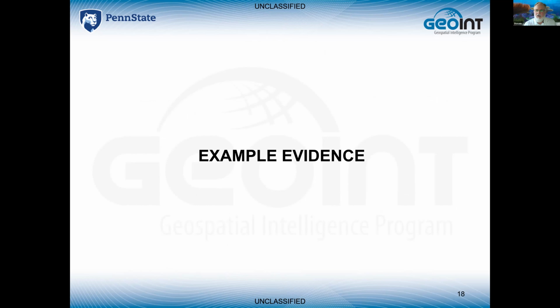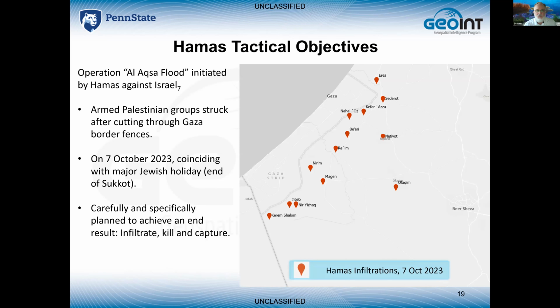All right, now I just have a few slides that illustrate evidence of what I'll be producing. Hamas tactical objectives. They called it Operation Al-Aqsa Flood. And I'm sure you're aware they cut through the fence in Gaza, infiltrated at least 7 or more areas through the fence.